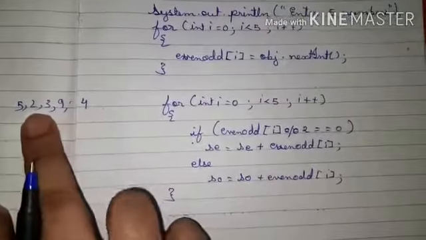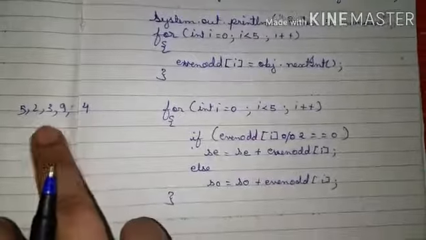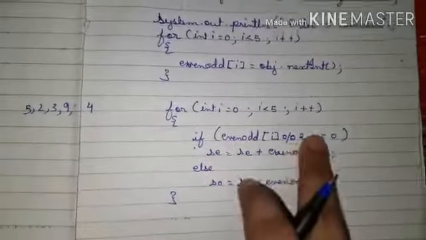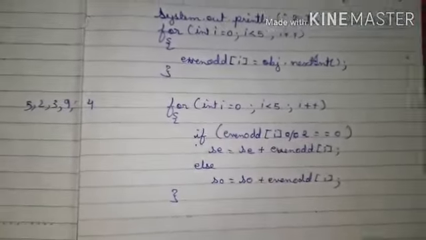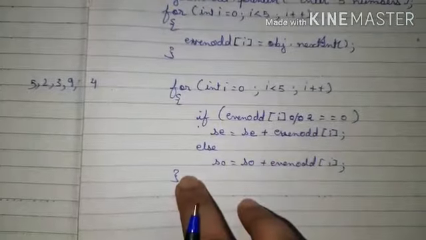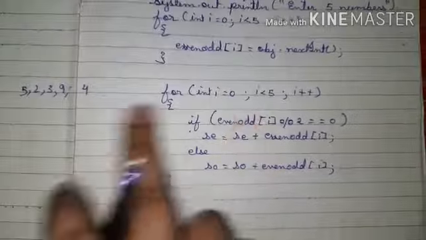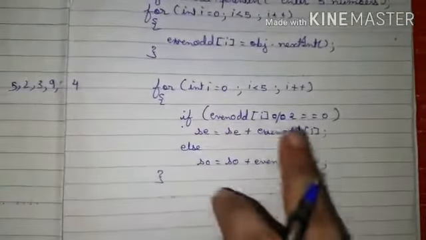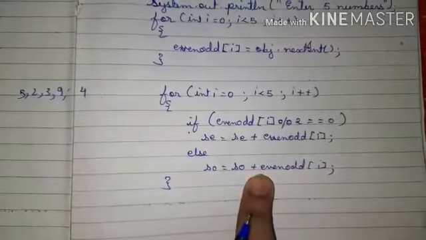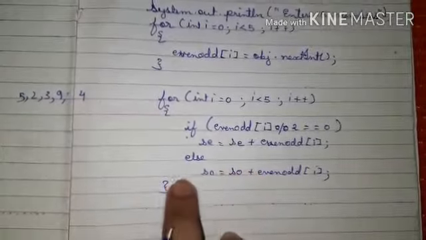Then I is 1, so in the 1 position the value 2 is divisible, so it will come here and the even sum value is now 2. Then I changes to 2, and in the 2 position 3 is present. 3 is not divisible, so it will come to this part. Previously it was 5, plus 3 is 8. Now the odd sum value is 8.